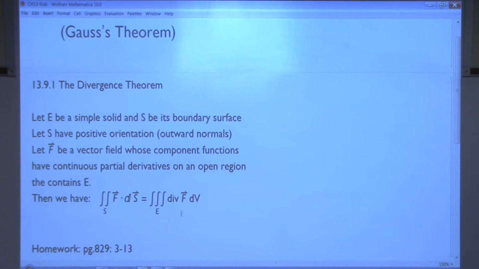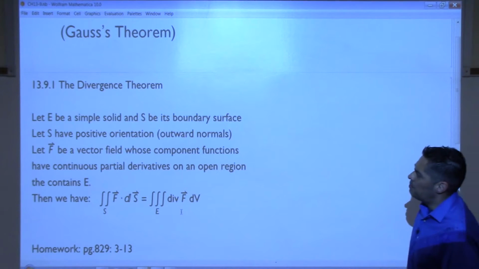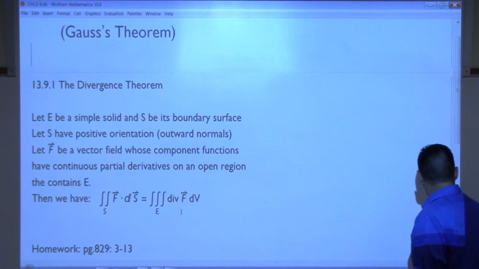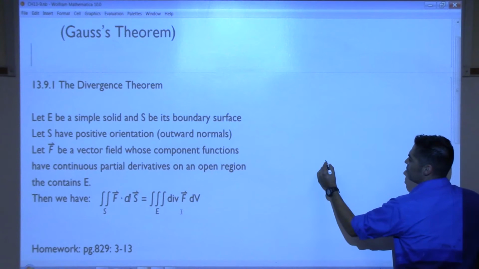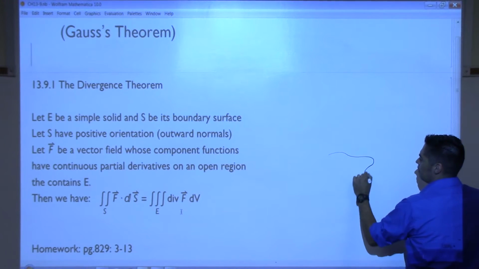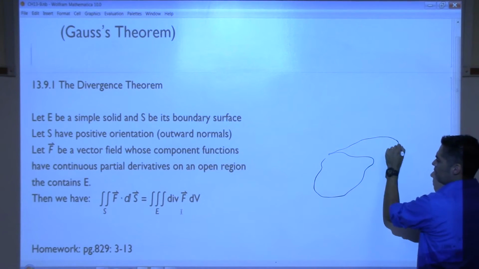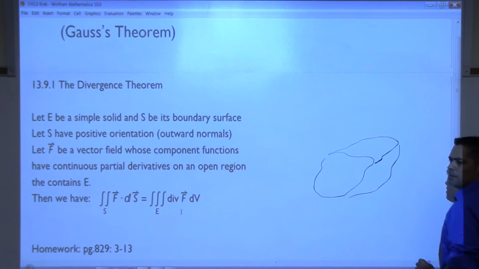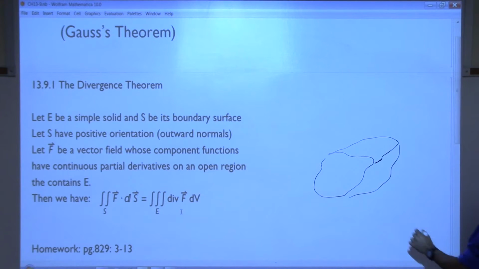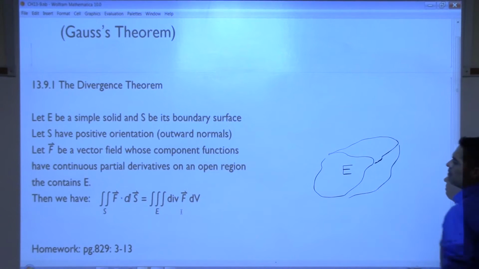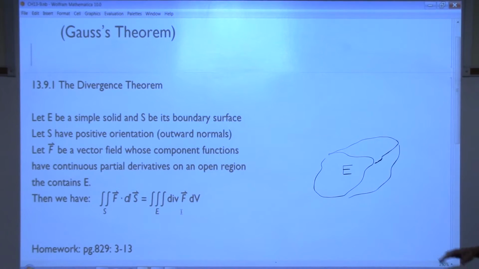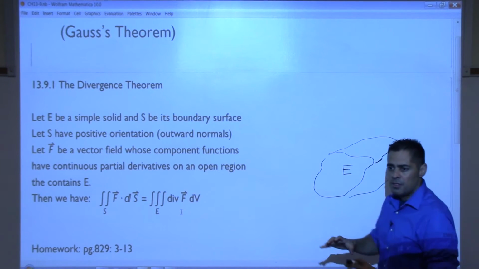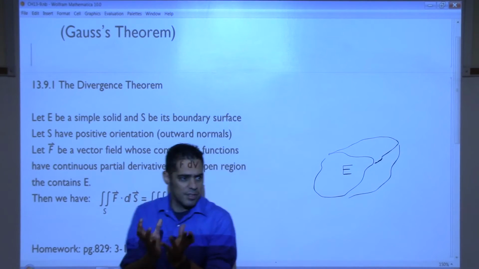Let E be a simple solid and S be its boundary surface. So we have some three-dimensional solid sitting here in space. We're going to call this E. And let S be its boundary surface, so S encloses this entire solid.